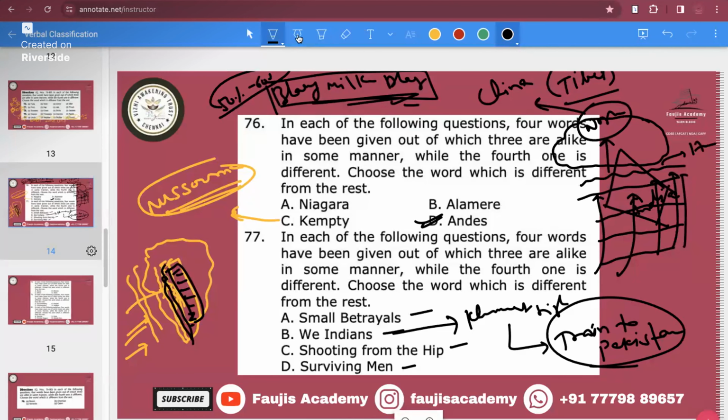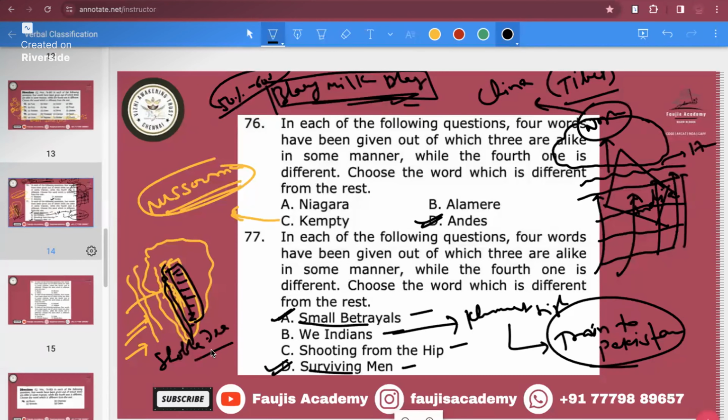There are a couple of books, Small Betrayals and Surviving Men. And who wrote We Indians? Can someone please search, guys? Small Betrayals and Surviving Men are written by an author called Shobha Day.